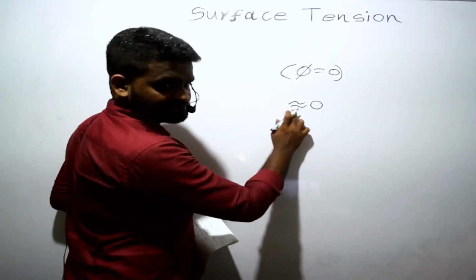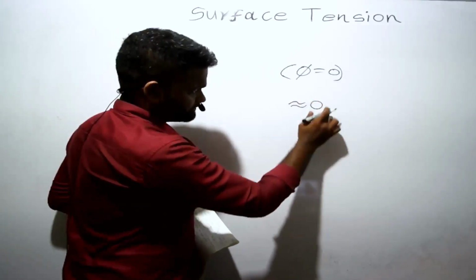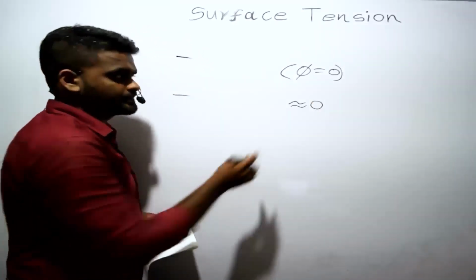This means approximate, right? Approximately equal to 0 degrees.